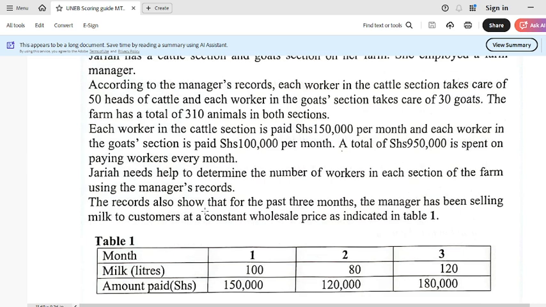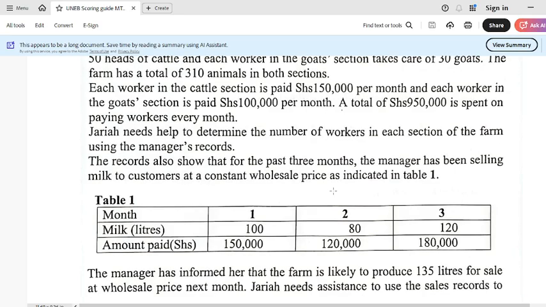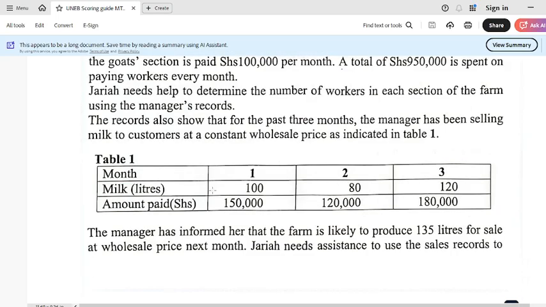The records also show that for the past 3 months, the manager has been selling milk to customers at a constant wholesale price as indicated in Table 1. So hope you can see what is in Table 1. We have month 1, month 2, month 3, liters of milk in the first, second, and third month, and amount paid in the first, second, and third month.